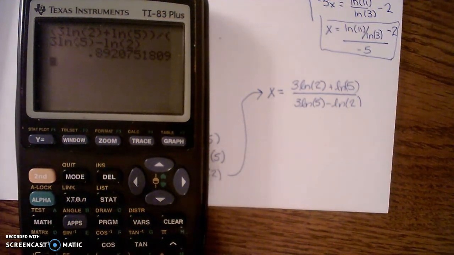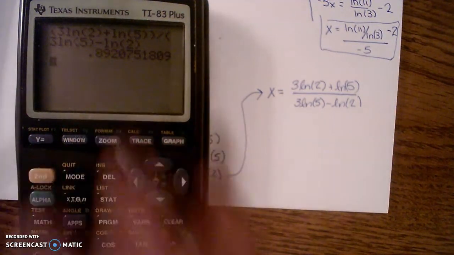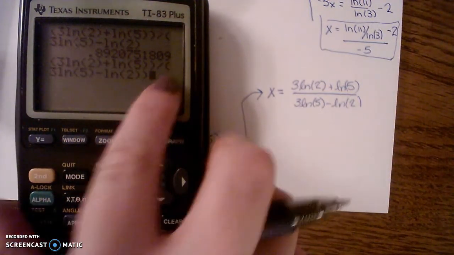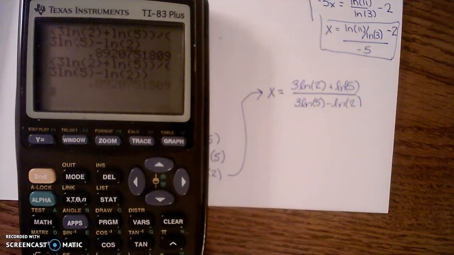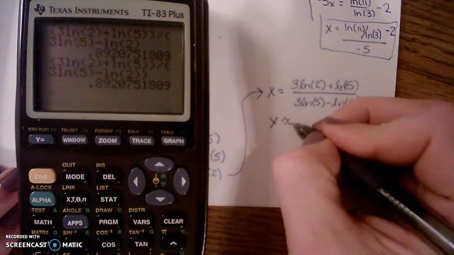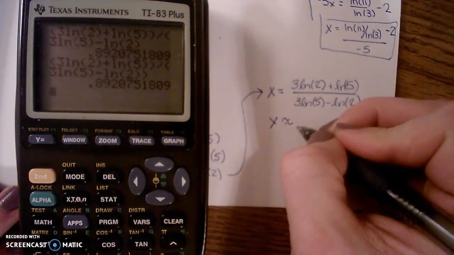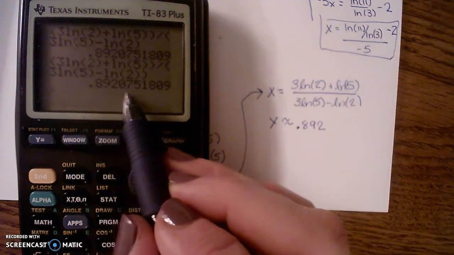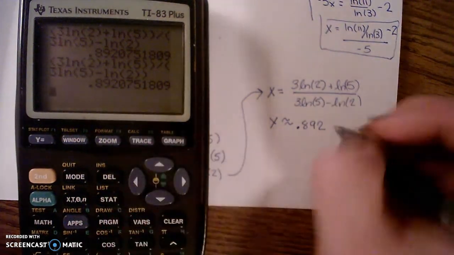Oh, shoot, I forgot to use my parentheses at the end there. I'm pretty confident that that's correct, but I am going to retype it just to be sure, making sure I have parentheses around the entire denominator. Okay, so x is approximately, let's give it 4 decimal places, 0.8920. The next digit is a 7, so that'll bump it up to a 1.